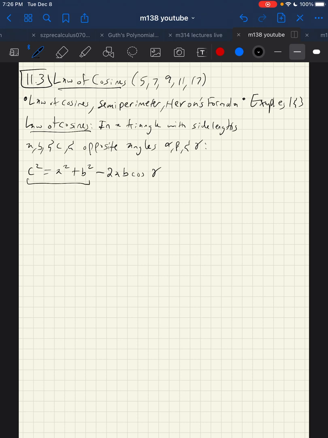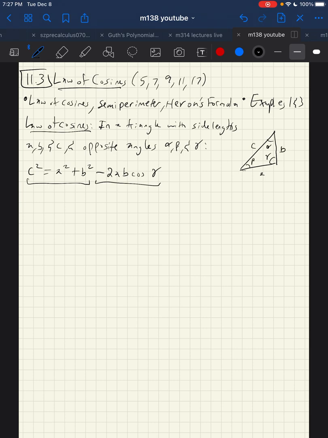So this looks like the Pythagorean theorem, a squared plus b squared equals c squared, but we've got this extra factor here, and the idea is if gamma is 90 degrees, what do we have? Well, let's draw our triangle in here. I'm going to make it look almost like a right triangle, but not quite. Okay, so this is going to be gamma. Here's c. I've got a opposite of alpha.